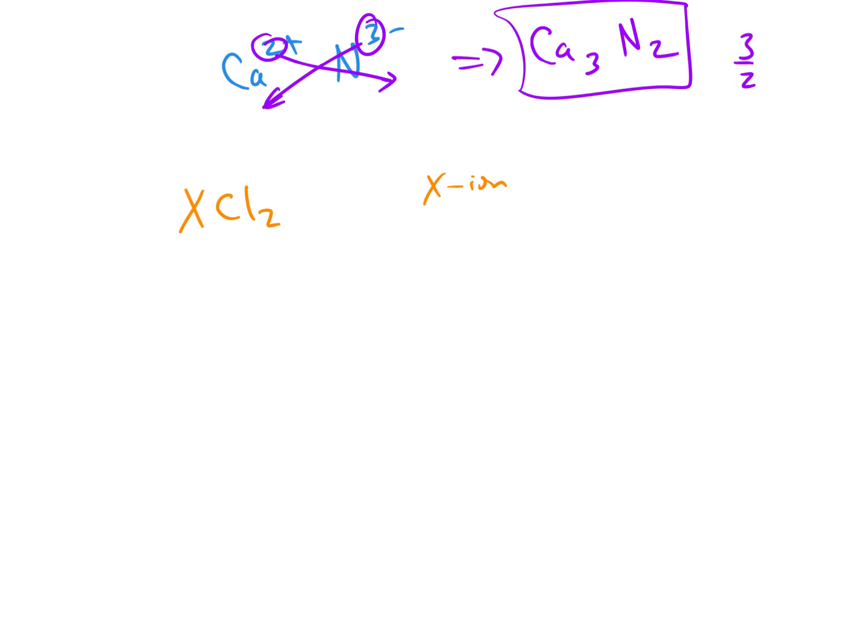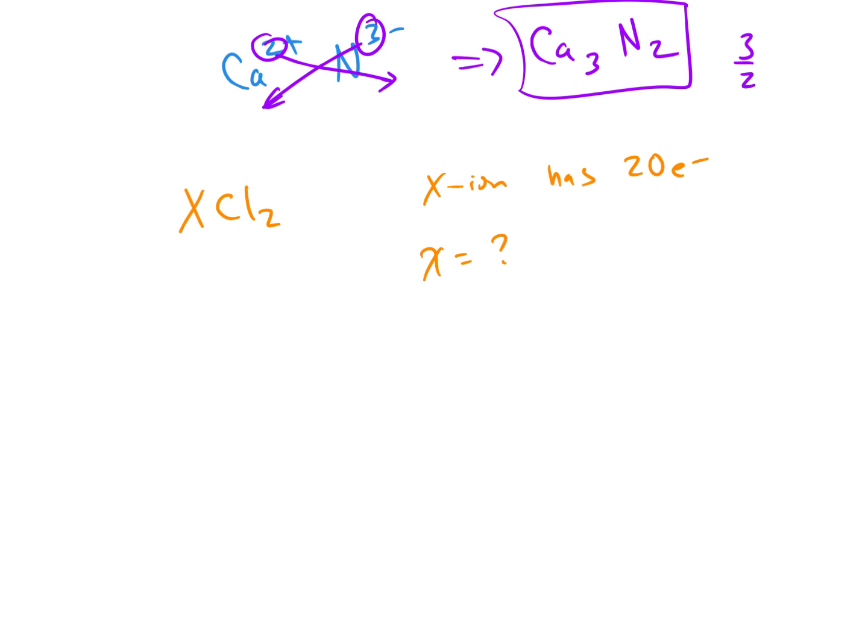If it's an ionic compound, what kind of element is most likely X? A metal, right? Because it's the cation. Good? So the X ion, let's say, has 20 electrons. We want to know, what is X?